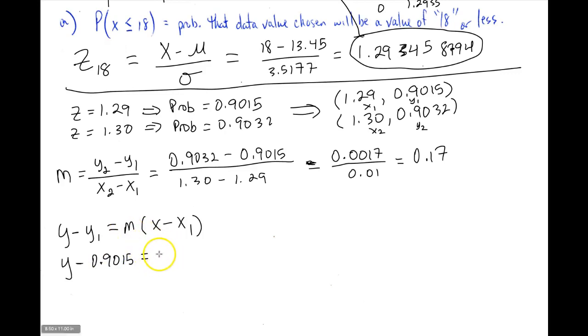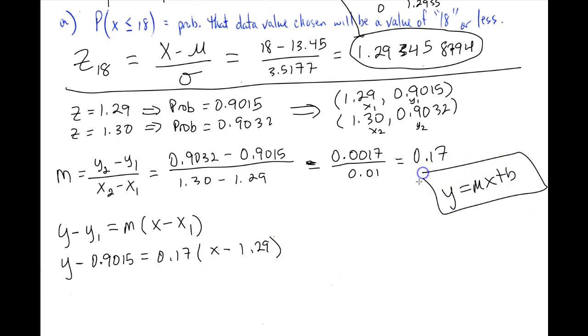Slope is going to be 0.17, and my x sub 1 is 1.29. And so now to get this in the form of y equals mx plus b, like how we said we wanted before, we just solve this for y. So I'll go ahead and distribute to both terms here.